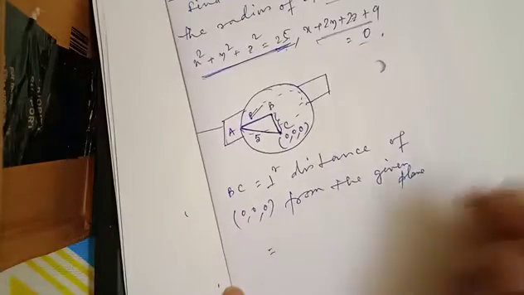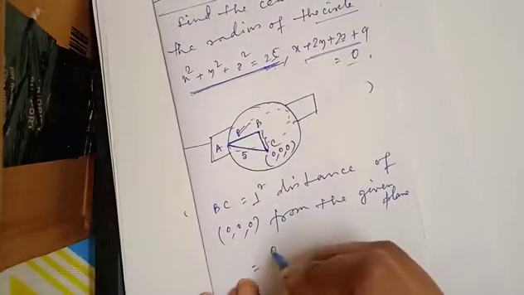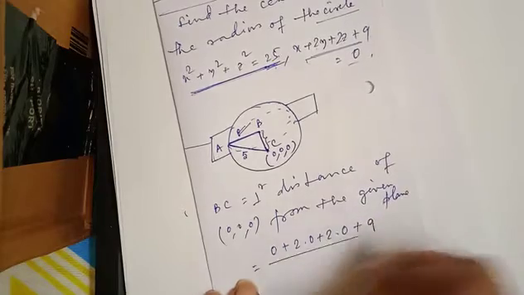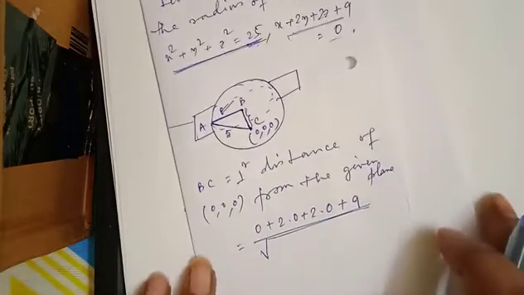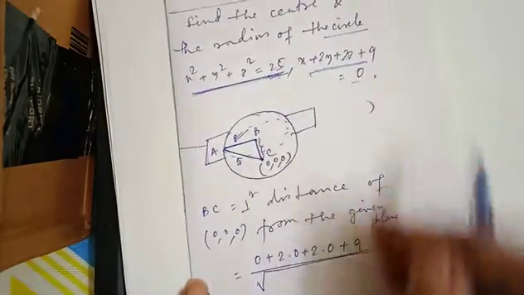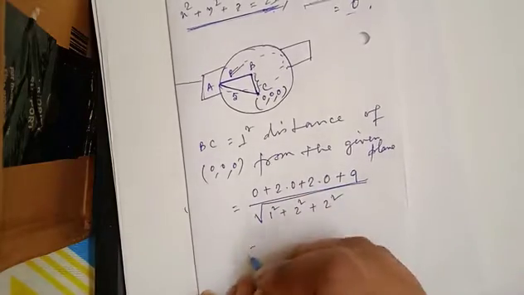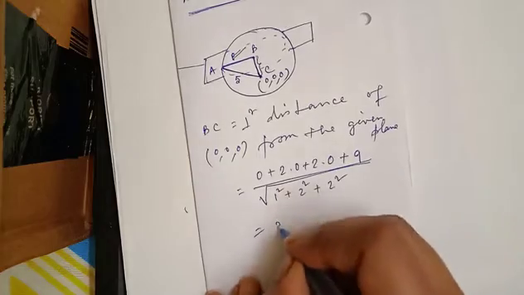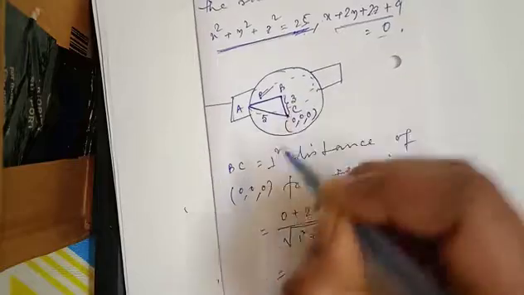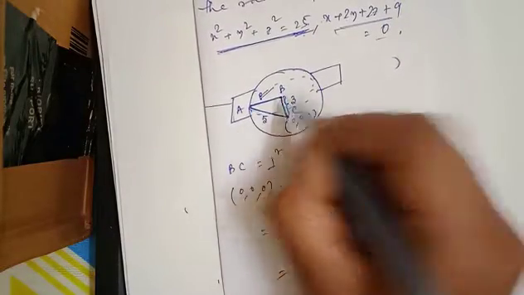So find the distance. Distance finding is just putting the values over here. That is 0 plus 2 into 0 plus 2 into 0 plus 9 by root over the sum of the squares of the coefficients. Here the coefficients are 1, 2, 2. So it will be root over 1 square plus 2 square plus 2 square. After calculation we get the value 3. So the required length is 3. Now we have that value and this value also. So just apply Pythagoras theorem to get AB.